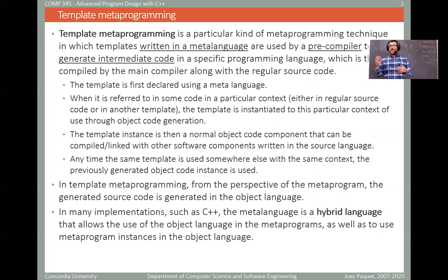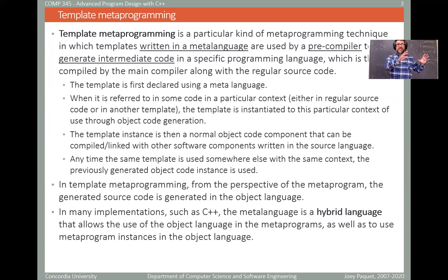That's the main difference between C++ templates and Java generics. Java generics are not about metaprogramming. A generic class in Java is a class like any other class that is executed at runtime. The class that you write in your program is actually executed at runtime.